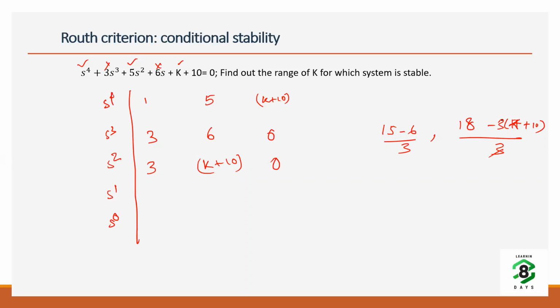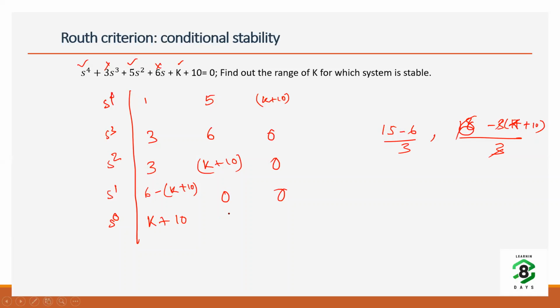So 3 goes 3, this is 6. So this is nothing but 6 minus k plus 10 is the first term. The second term is 0, and we are not interested in it as well. Now the s to the power 0 term, this term is 0, so this is k plus 10.